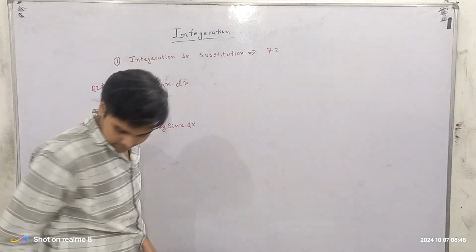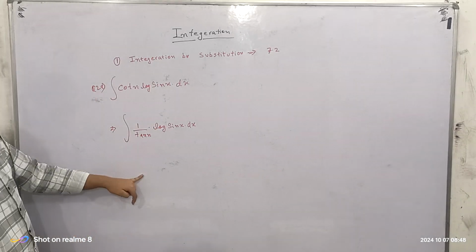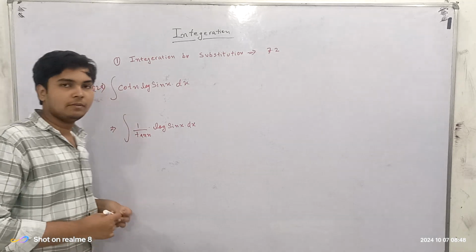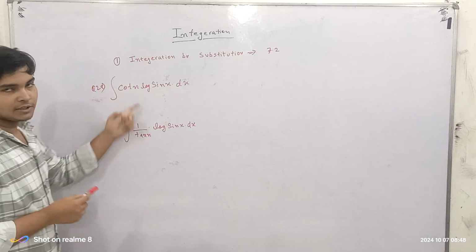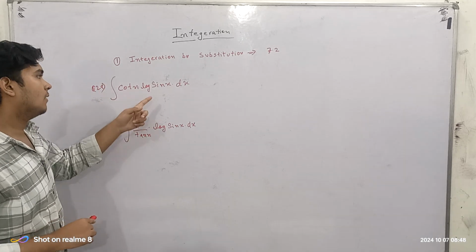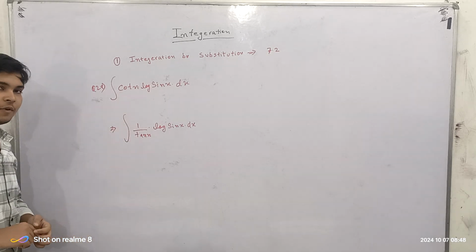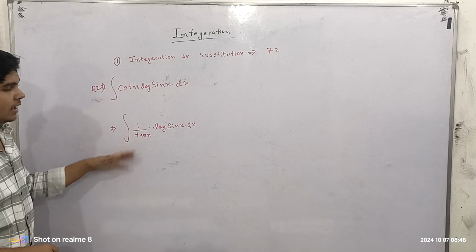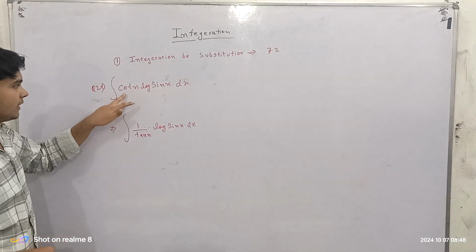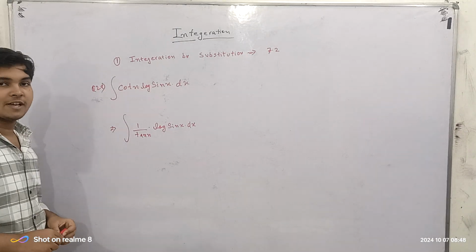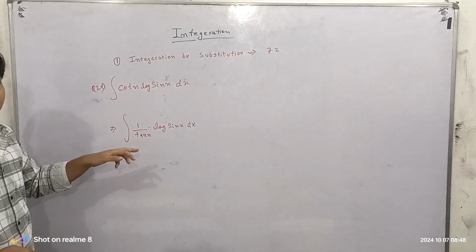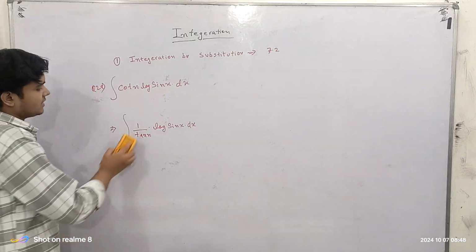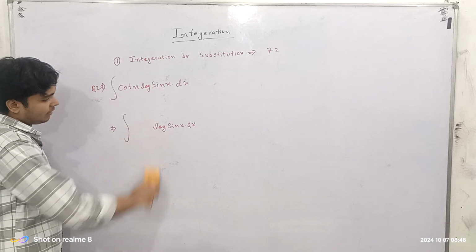By differentiating log sin x, what will we get? The derivative of log sin x is 1 by sin x times cos x. If we write cot as 1 by tan x, no sin is involved. If we write cot as cos by sin, then 1 by sin is involved, and here also we will get 1 by sin. By this type we will solve the trigonometric question.